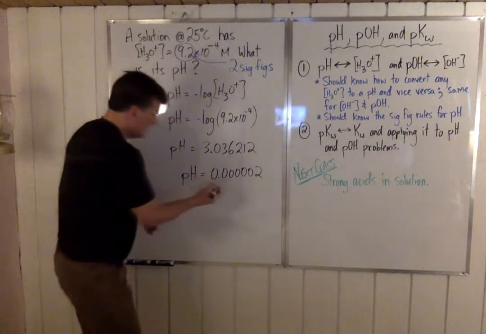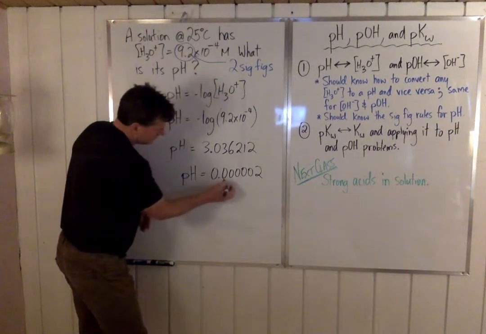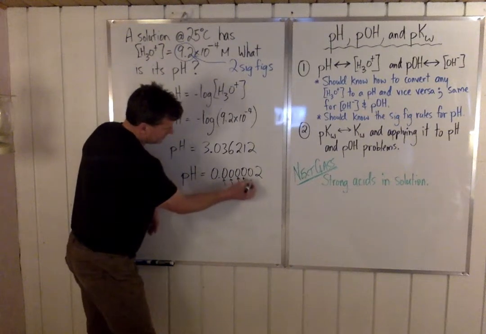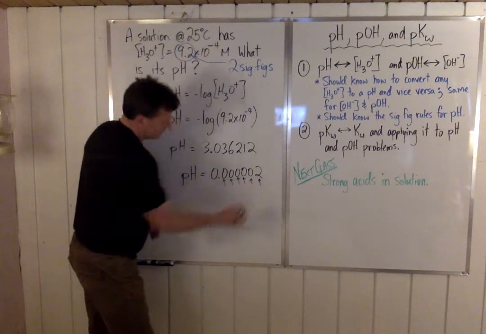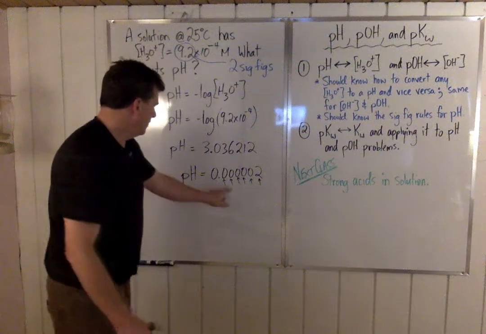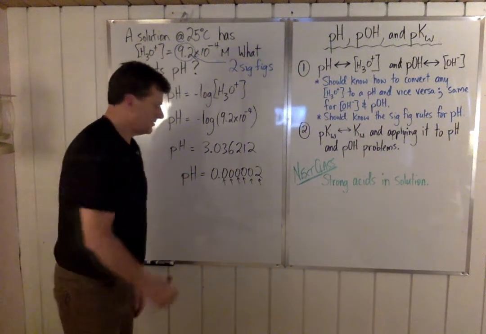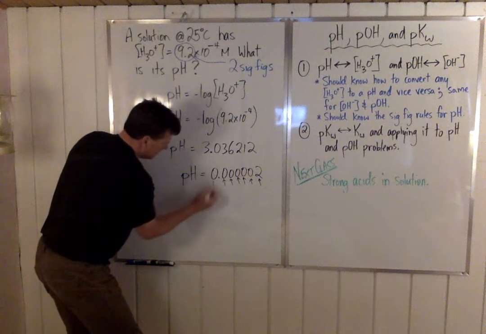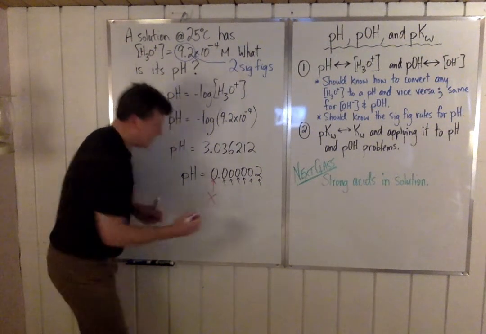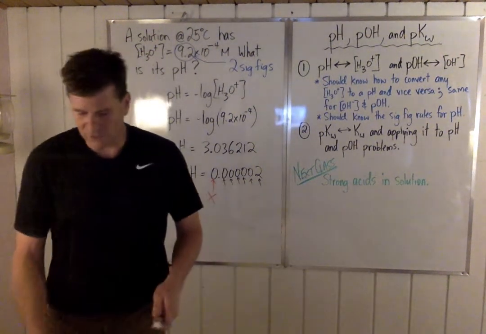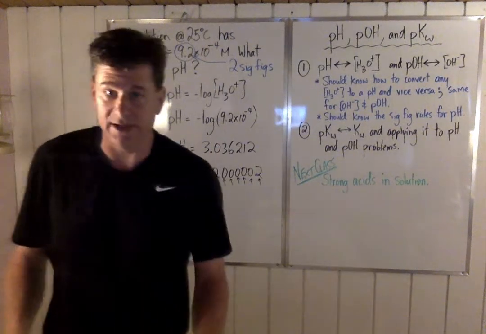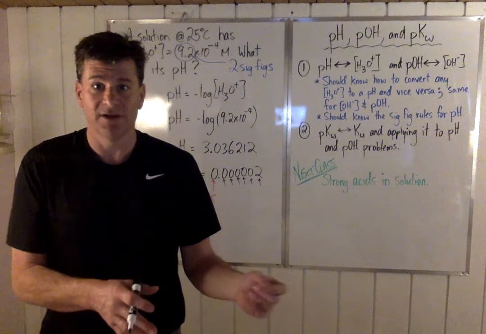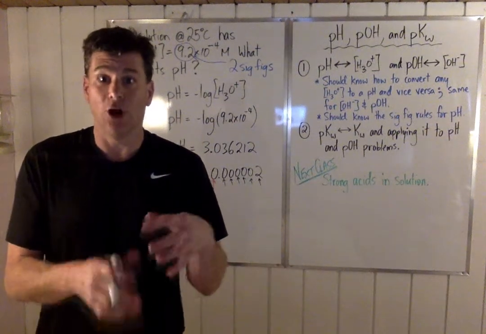Which means that counts, so does that, so does that, so does that, so does that, and so does that. 1, 2, 3, 4, 5, 6. Count. This one out in front does not count. Doesn't matter what it is. What happens after the decimal does count, and it doesn't matter what it is, it always counts.